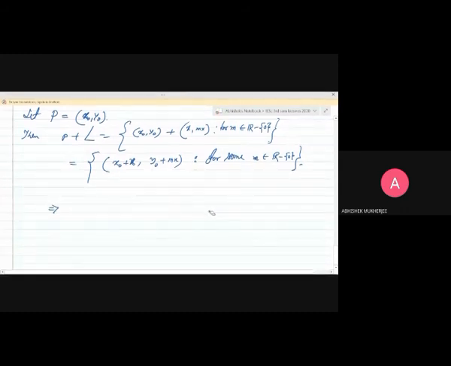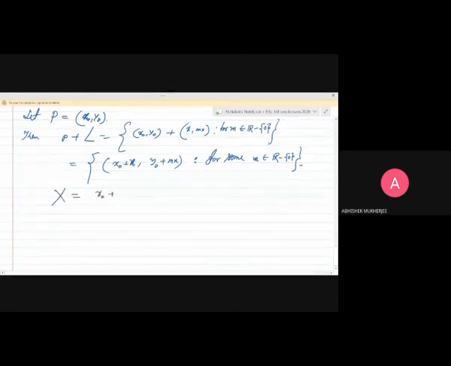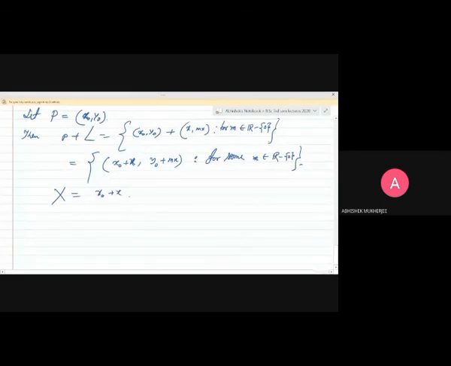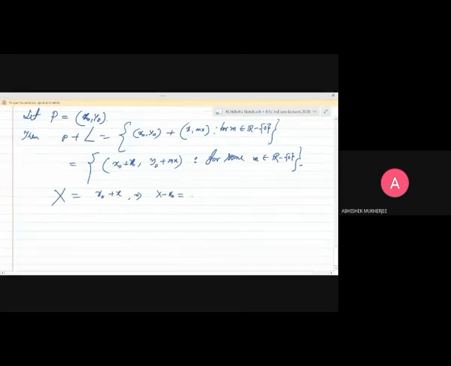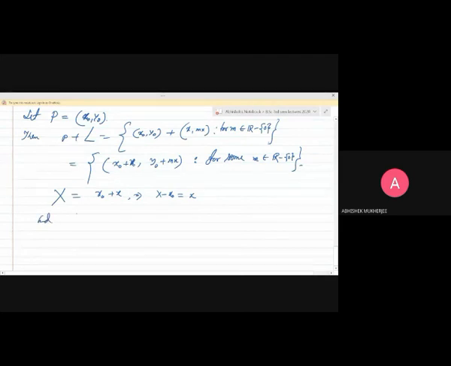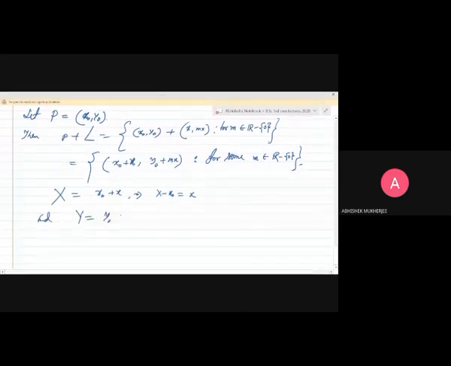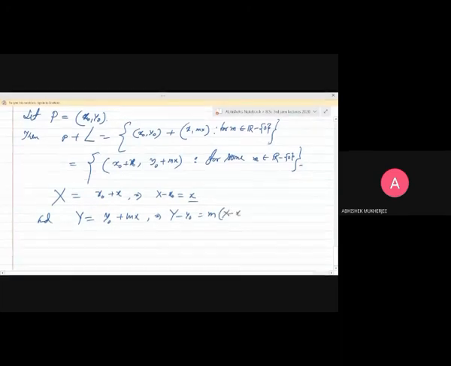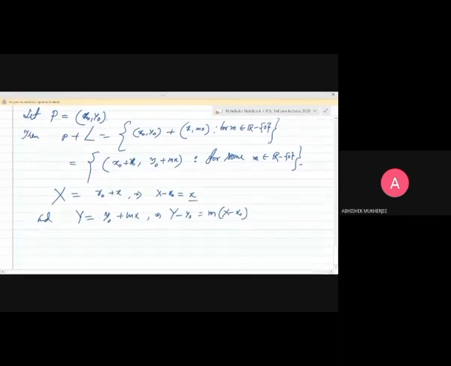Sorry. So the new equation will be, capital X is x0 plus x, that is x minus x0 equal to x. And capital Y equal to y0 plus mx. So that means y minus y0 equal to mx. Now what is x? X is x minus x0. So this gives you the equation of the line passing through.